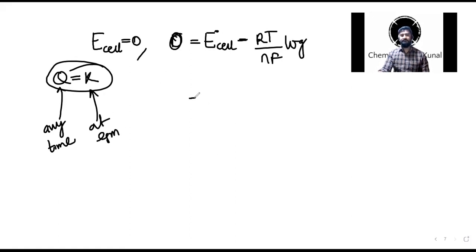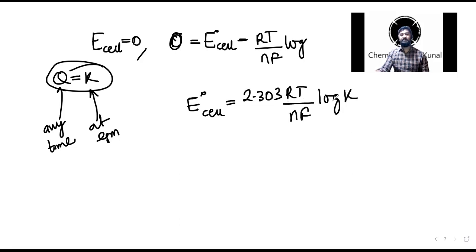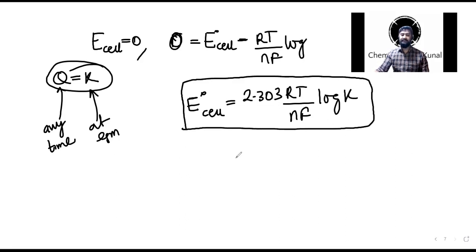This will become E naught cell is equal to 2.303 RT by NF log K. So this becomes a very important formula for finding E naught cell and the equilibrium constant. K is the equilibrium constant, so that's how both the terms can be related.